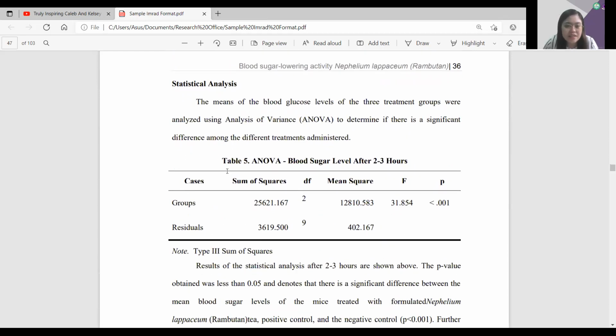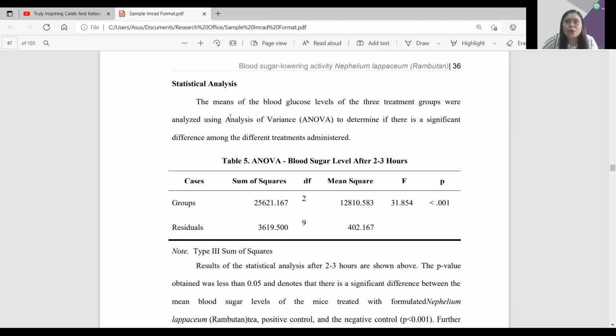So parehas sa kanila. Sila actually ang gumawa nitong ANOVA. Hindi sila gumastos sa kanilang statistician kasi sila mismo alam nila paano mag-ANOVA, and alam din nila paano i-interpret itong results ng ANOVA na ito. Okay? Para hindi na tayo gumastos ng statistician.